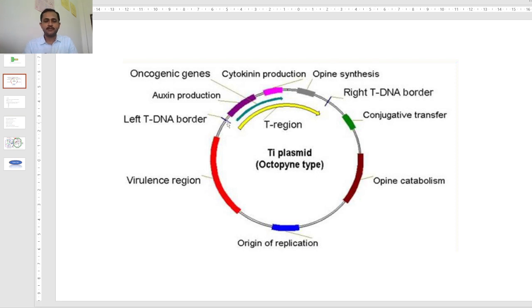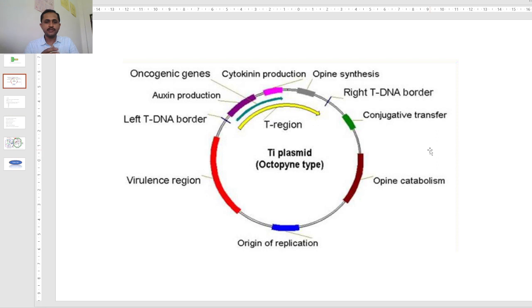Here, the tDNA region that is transferred to the plant is limited by a left border region and a right border region, and only this left border to right border region is transferred and none other than this region can be transferred to the plant. This is the beauty of this system.